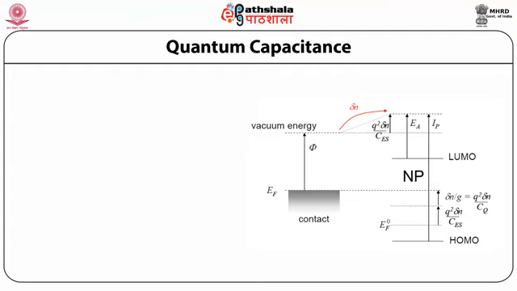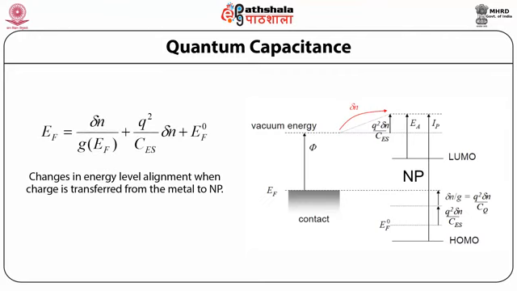So by incorporating the contribution from quantum and electrostatic capacitances, as shown in this figure, the Fermi energy of the nanoparticle contact EF can be related to the Fermi energy of the neutral nanoparticle EF naught, and it is given by EF equal to delta N by G as a function of EF plus Q square by CES multiplied by delta N plus EF naught.